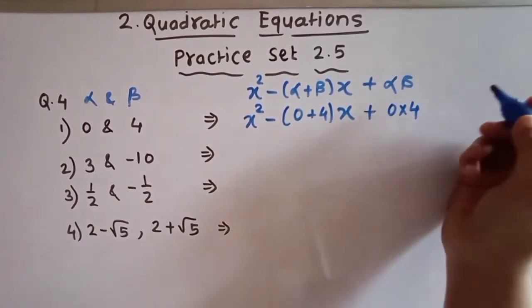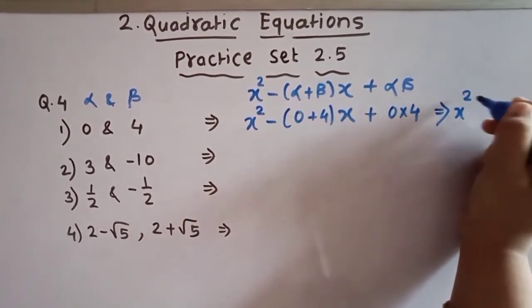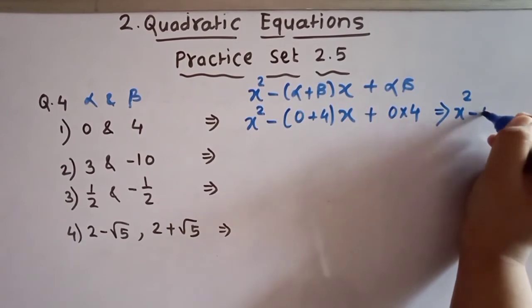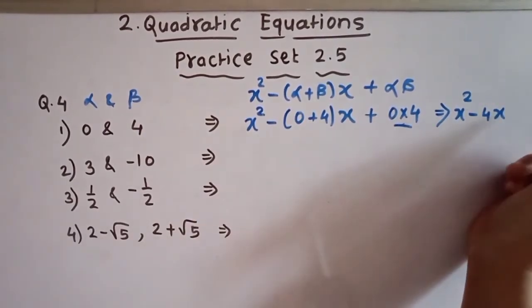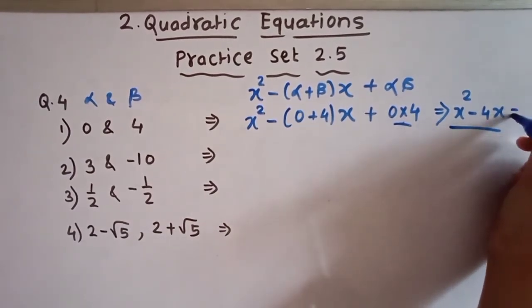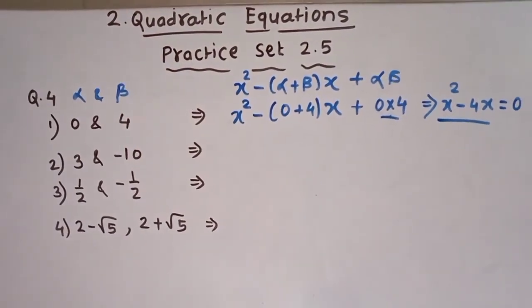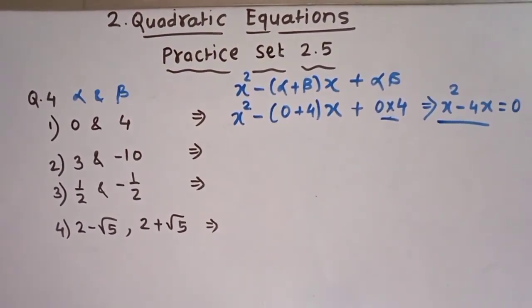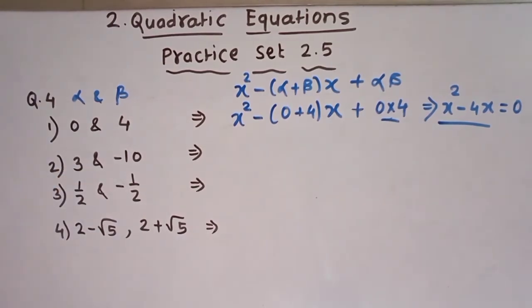So the equation will be x square minus 4x, this term gets cancelled out. So x square minus 4x is equal to 0 is the required quadratic equation. Are you getting me, student? Likewise you have to solve for another one.